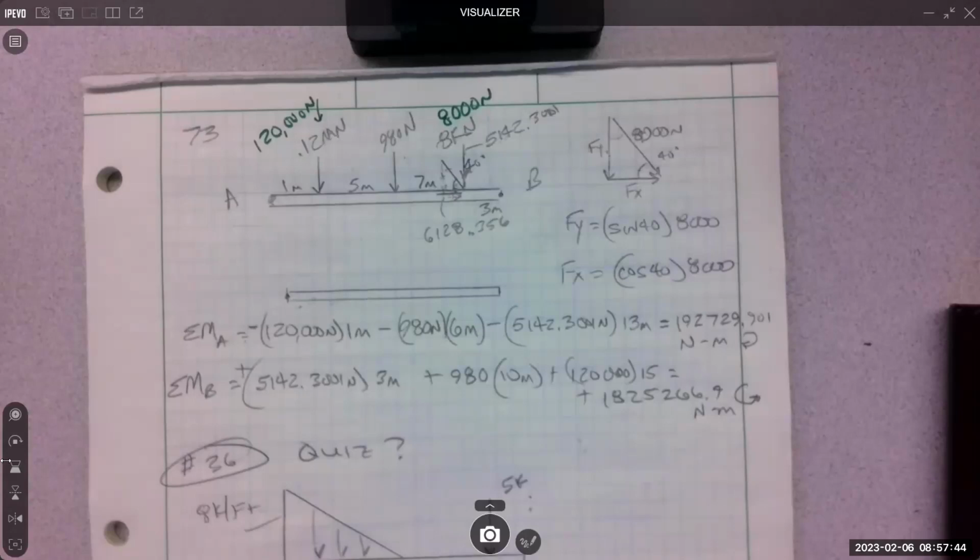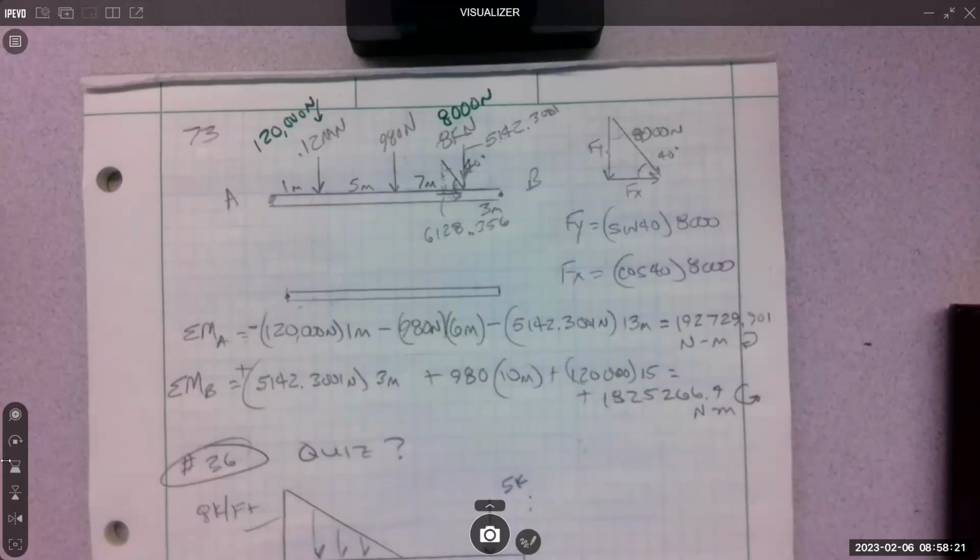Add the Y forces: 120,000 plus 980 plus 5142.3001 to get everything going down. And then in the X, it's 6128.356. Once you get all the Y down and all the X across, you do Pythagorean theorem to get the resultant.